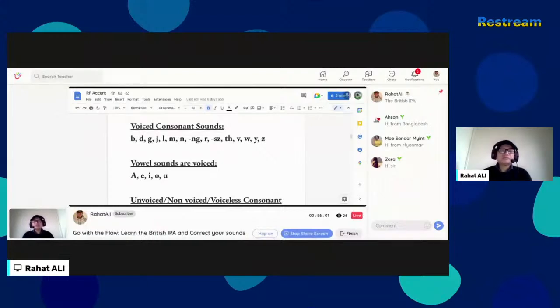And vowel sounds are all voiced. So they are, as you know, A, E, I, O, U.